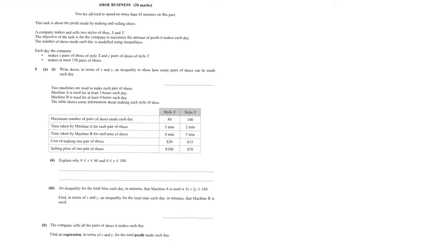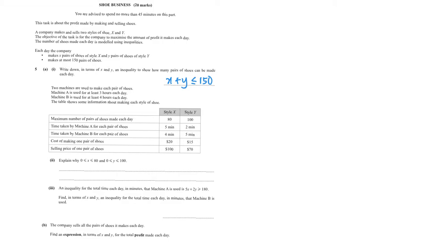Write down an inequality in terms of X and Y to show how many pairs. So X and Y are the number of shoes here, and they make at most 150 pairs of shoes. So that will be X plus Y less than or equal to 150. It cannot be more than 150 as the maximum is 150, but it can be less, right?